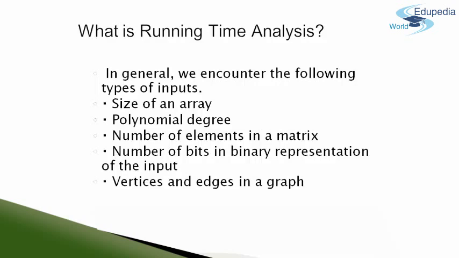Definitely, we can define whether it's a 3 by 2 matrix or 4 by 4 or anything. Then the number of bits in the binary representation of the input. We can also define how many bits we need to show a binary representation of our input. Then we have vertices and edges in a graph. So we can even have that as an input. These are just common types of input. We can have various other types of inputs as well.